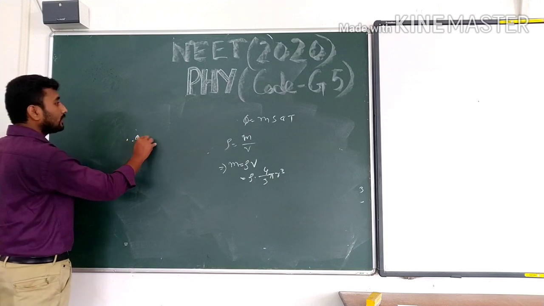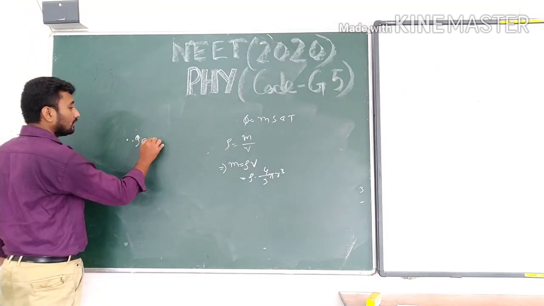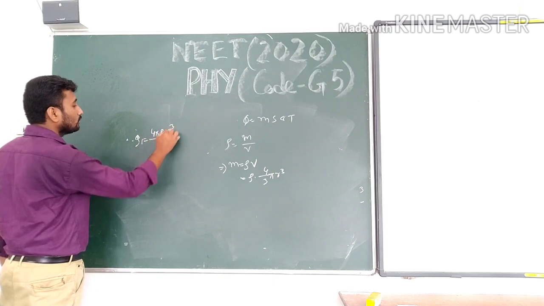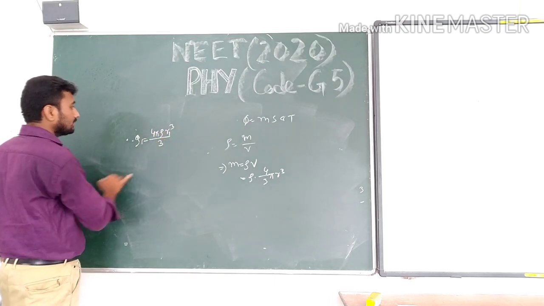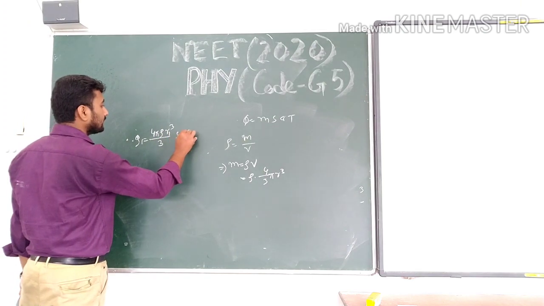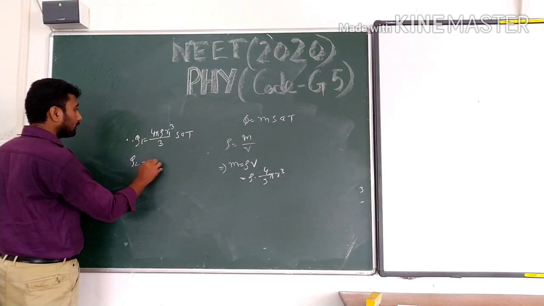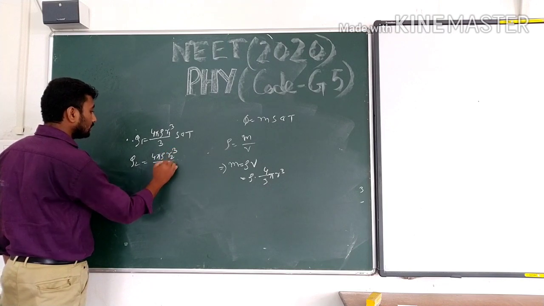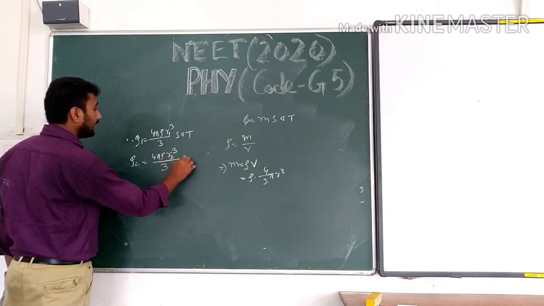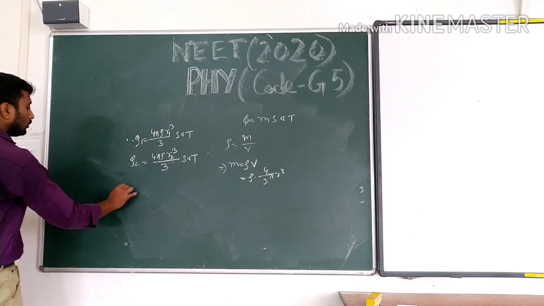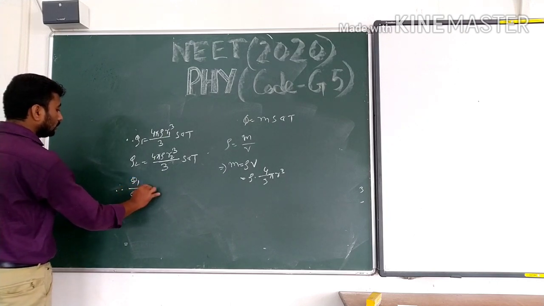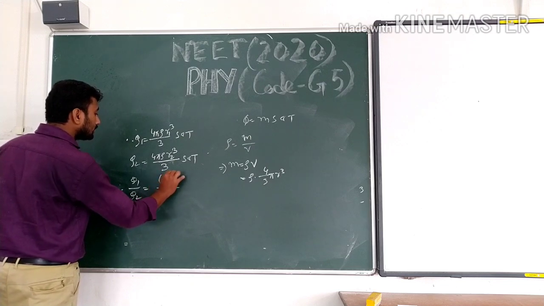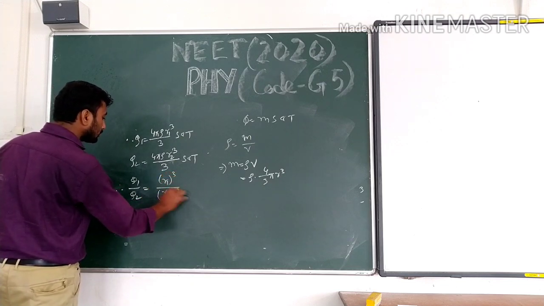Therefore, Q1 will be 4 pi rho R1 cube divided by 3 into s delta T, and Q2 will be 4 pi rho R2 cube divided by 3 into s delta T. So therefore, Q1 by Q2 will be equal to R1 cube divided by R2 cube.